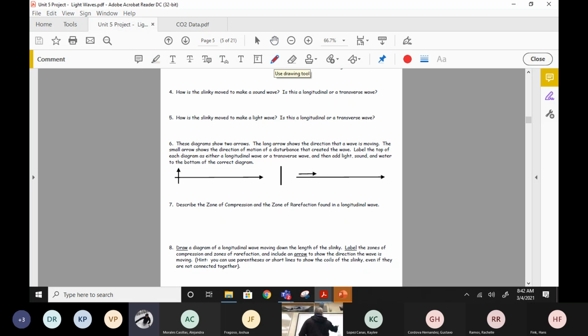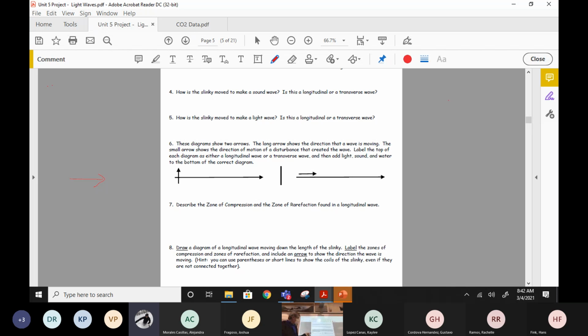Yes. Okay. So I want to draw your attention to these diagrams right here. This is page 5. Just these diagrams with the arrows. So the long arrow is showing that there's a wave moving from left to right.